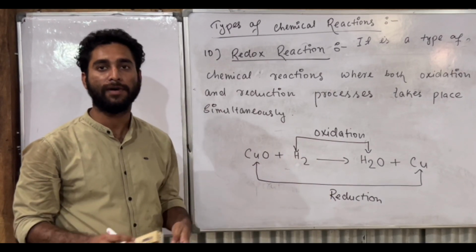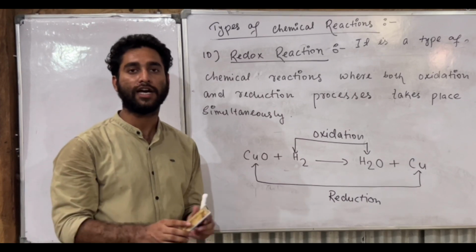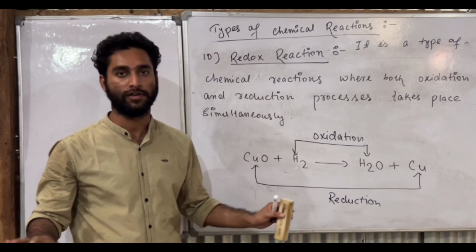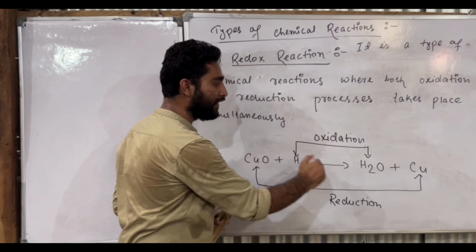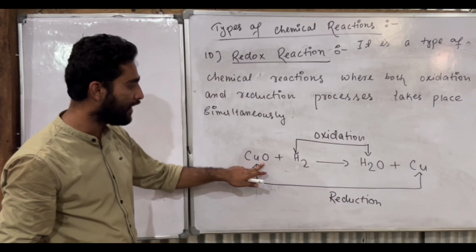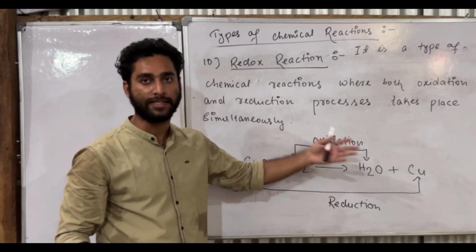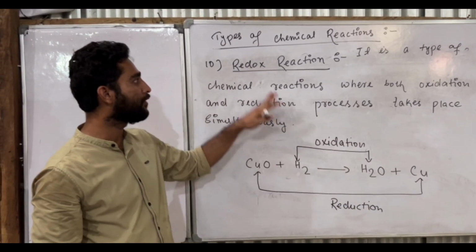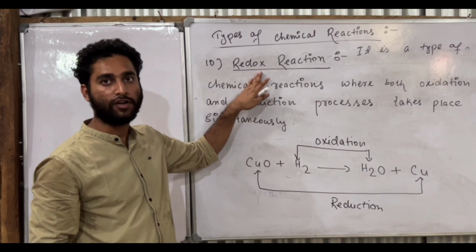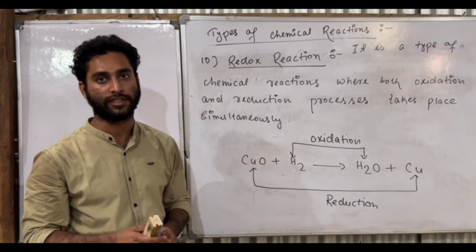And always remember, in nature, whatever reaction takes place, oxidation and reduction do not take place alone. They always take place simultaneously. Here copper oxide gets reduced, whereas the hydrogen gets oxidized. So that is why it is an example of the redox reaction. Redox reaction is another name for oxidation and reduction reaction.